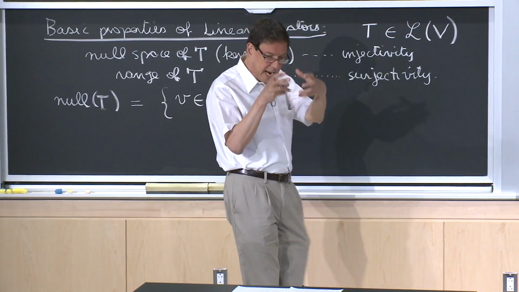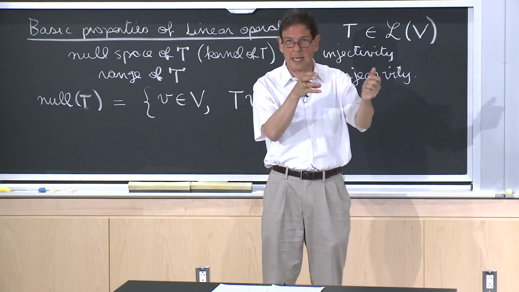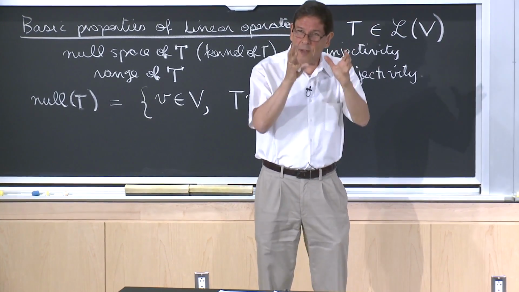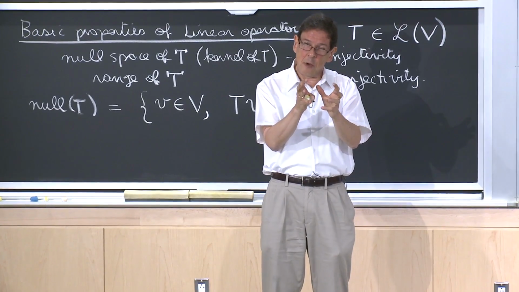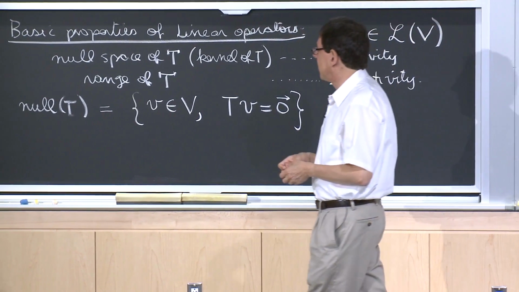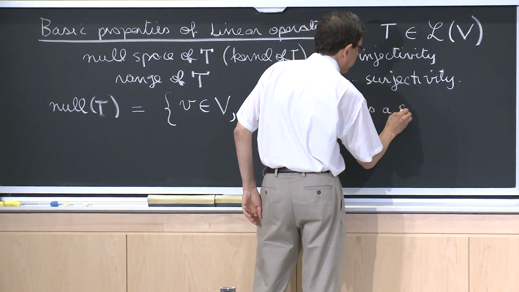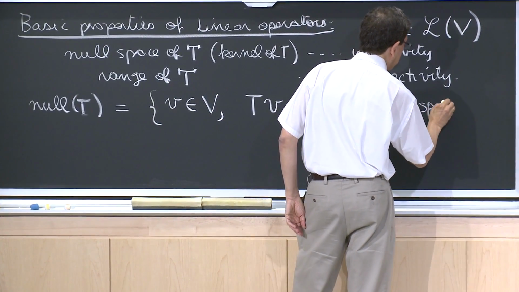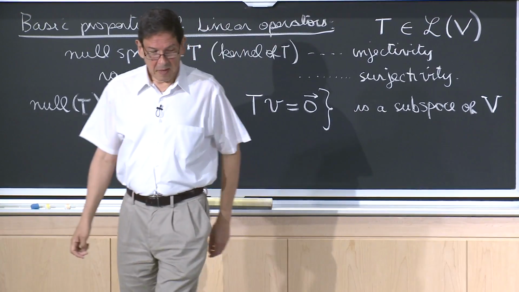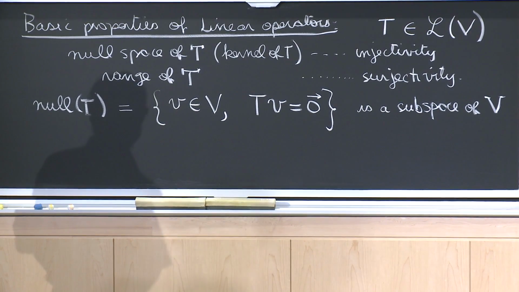Because if you have a vector in null of T and another vector in null of T, each one is killed by T, and the sum is killed by T. So the sum is also in null of T. Or if you have a vector killed by T, you multiply it by a scalar, and then that vector is still killed by T. So null of T is a subspace of V. That's pretty good. That's interesting.